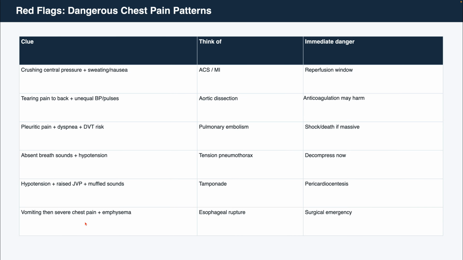Now, talking about tamponade, there will be Beck's triad: hypotension, raised JVP, muffled heart sounds. You need to do pericardiocentesis as soon as possible. Now, esophageal rupture, there will be vomiting, blood in the vomit. You do emergency endoscopy.